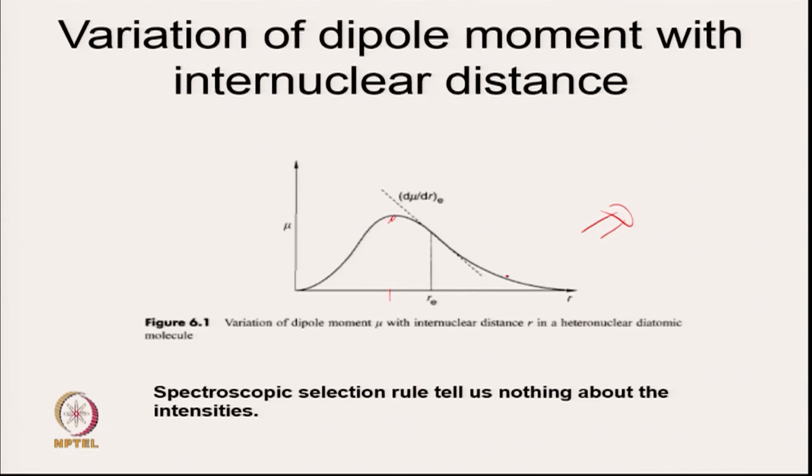So the dipole moment will not change at this R value where there is a maximum. But if you go to this side or that side, the mu value is changing with R. So your intensity will depend on how mu changes with R, rather than only on the selection rule.